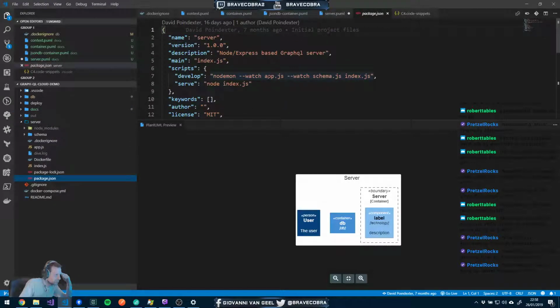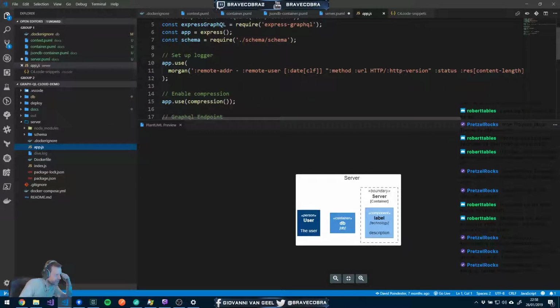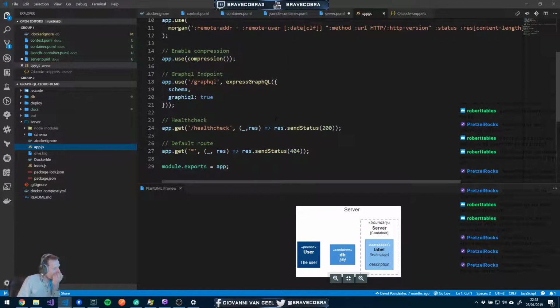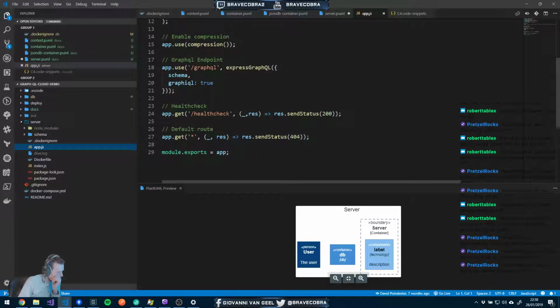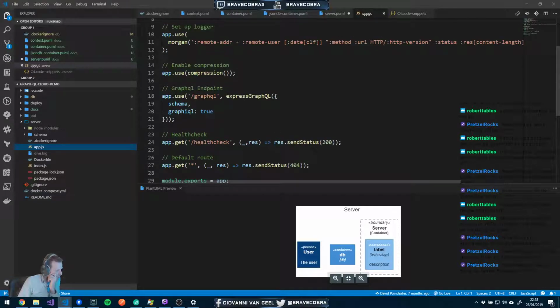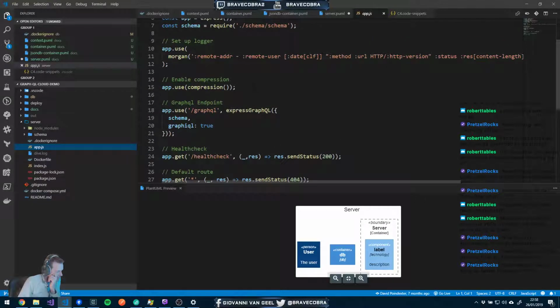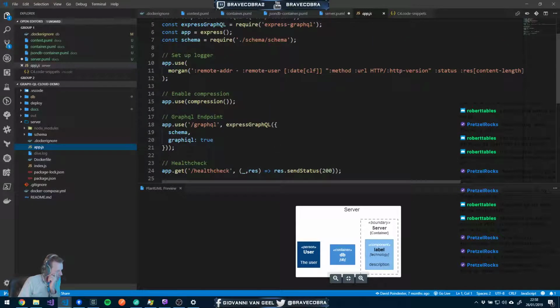So, let's go to app.js. We got a health check, GraphQL, that's a logger.